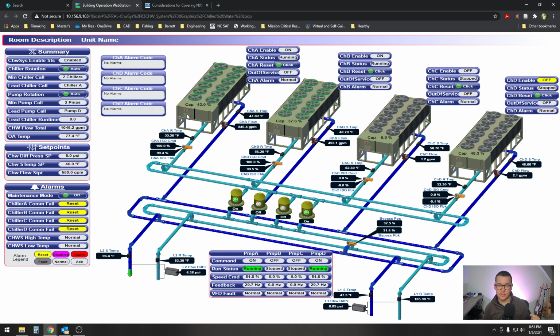And then as this approaches 90% or so, and it can't maintain 46 anymore, it's going to call for B. It's going to call it on. And then if it can't maintain set point, it's going to call for 3 and then 4 to get this number back down.